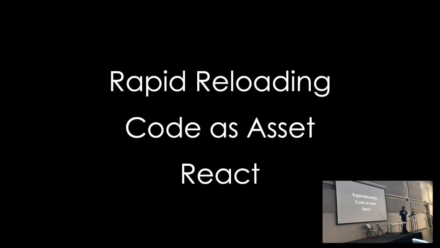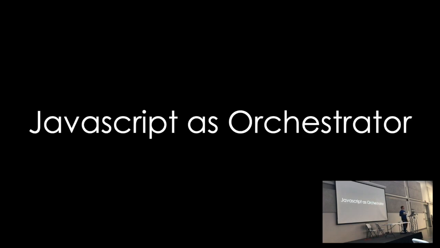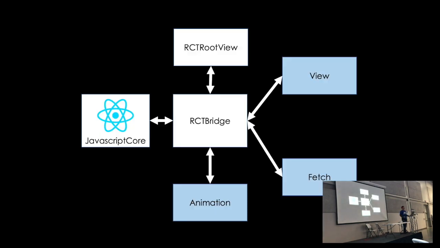Now, under the covers, this is not the way JavaScript works in a browser. This is actually headless JavaScript that probably has more in common with using Node than it does using JavaScript in the DOM. It is orchestrating the way the rest of the native components are going to work. And this is a simplified diagram of how a React Native application works under the covers, where you have a JavaScript core instance.